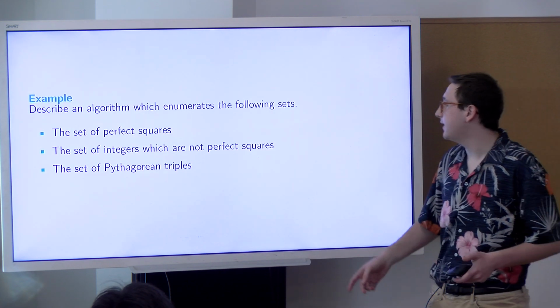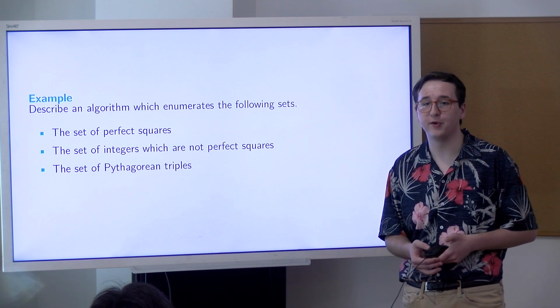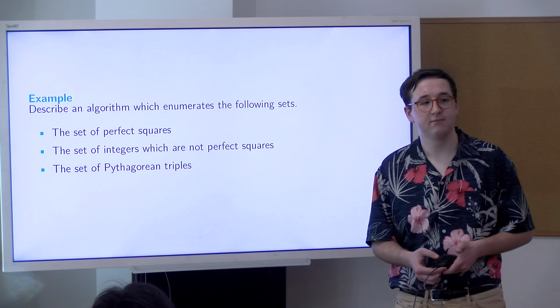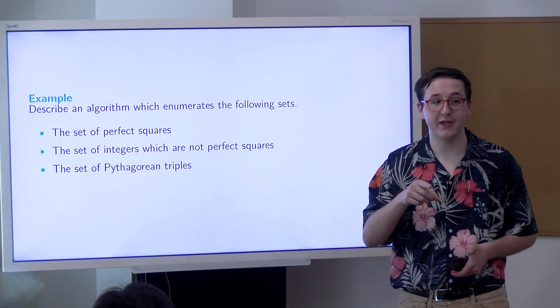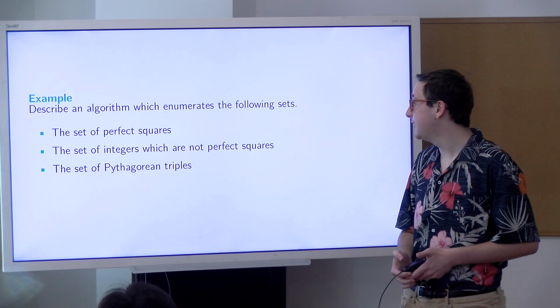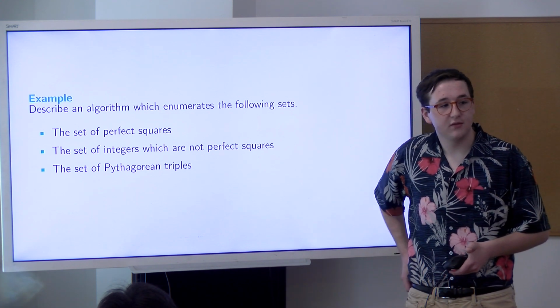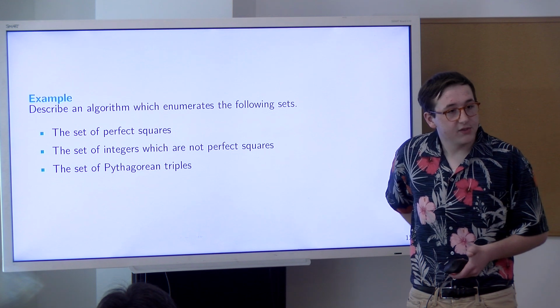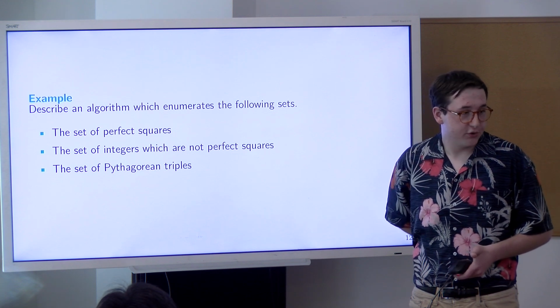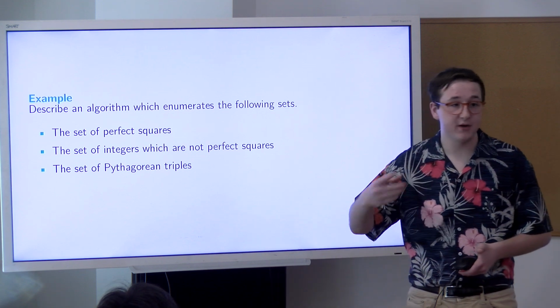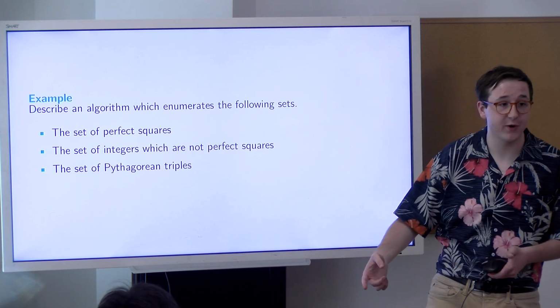Actually, no, we do. Okay, so the set of perfect squares, how would you enumerate that? 1 squared, 2 squared, 3 squared, 4 squared. So you just take every integer and square it. Okay, good. What about the set of integers which are not perfect squares? You might just take every integer and check if it's a perfect square.